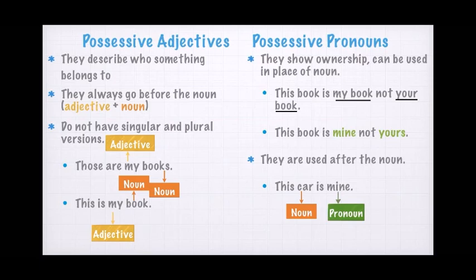So the basic difference between possessive adjectives and possessive pronouns is that the adjective is used before the noun, and in possessive pronouns the pronoun is used after the noun. They do not have singular and plural versions. So just like possessive adjectives, possessive pronouns also do not change if the noun changes from singular to plural or plural to singular.